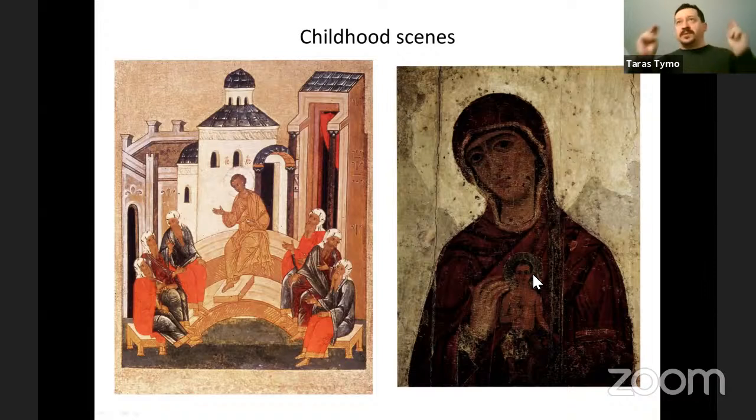So that's a symbolic representation of a child being present in the womb of Mary, starting with the moment of her agreeing to accept the will of God and to become the mother of God.